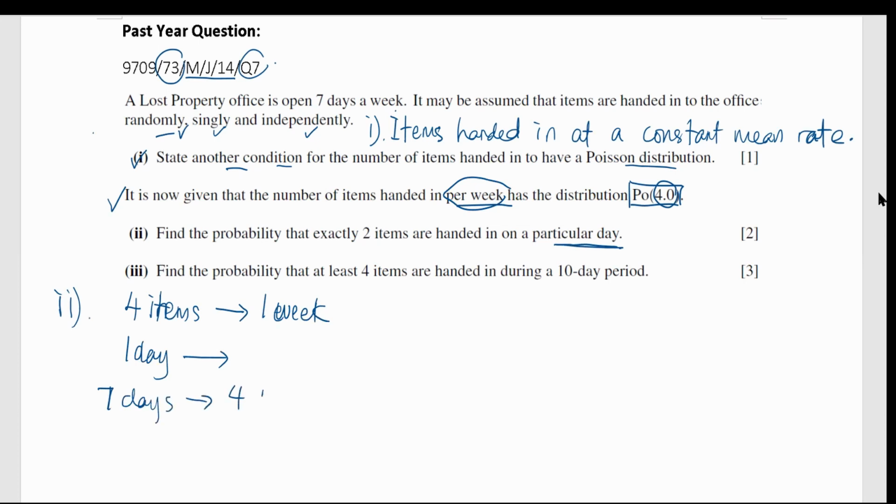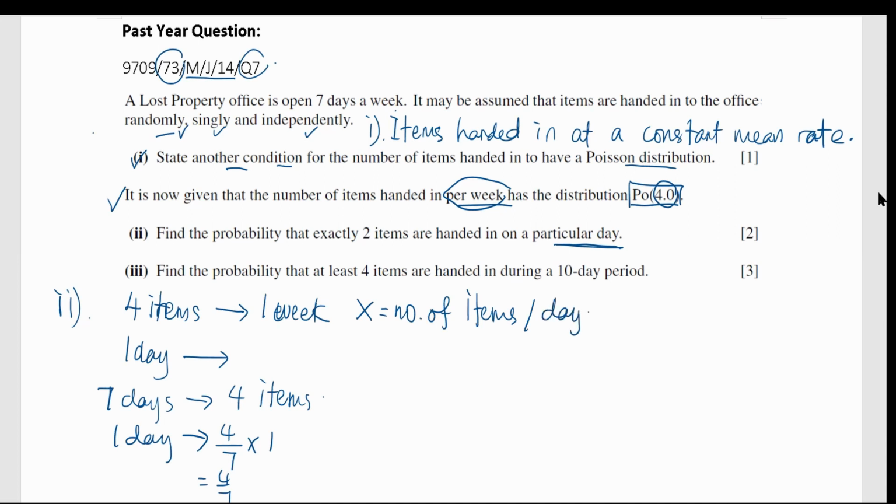You are expecting 4 items. For 1 day, you should be getting 4 divided by 7 times 1, so it's 4/7. Hence, the number of items per day is a Poisson distribution with the mean 4/7, per day.